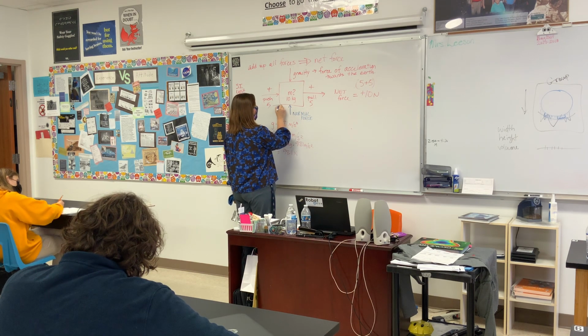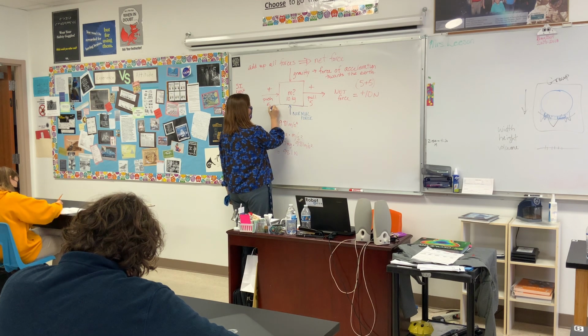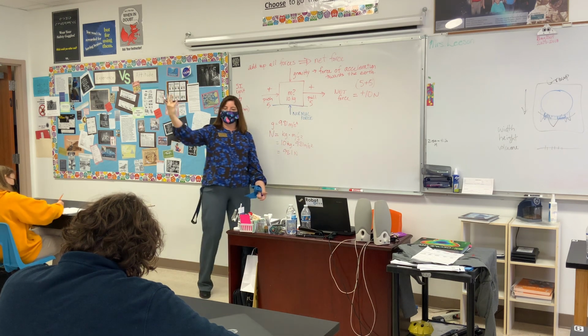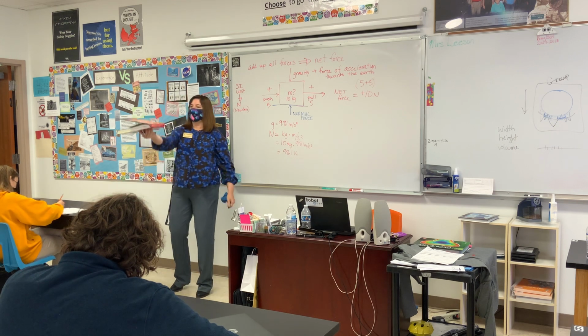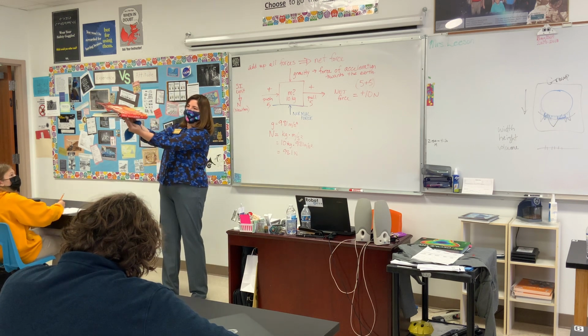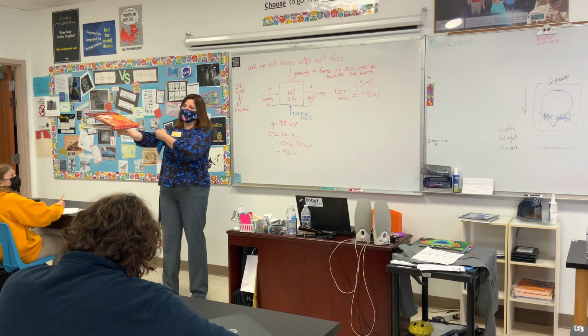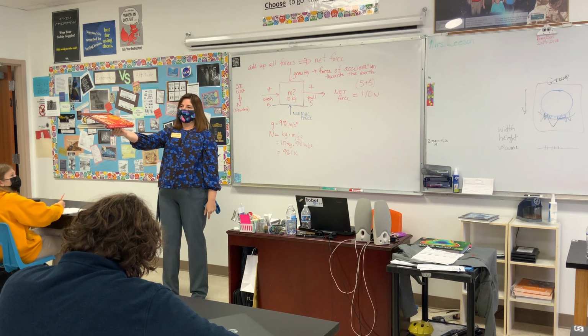This is only when it's touching another surface. It's not acting in midair. If I'm holding the book out like this, there's not a normal force right now. It's just the forces from my arm and from gravity.